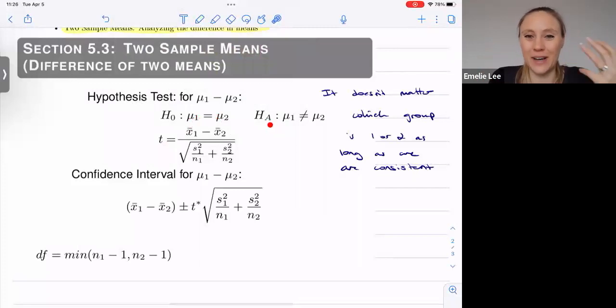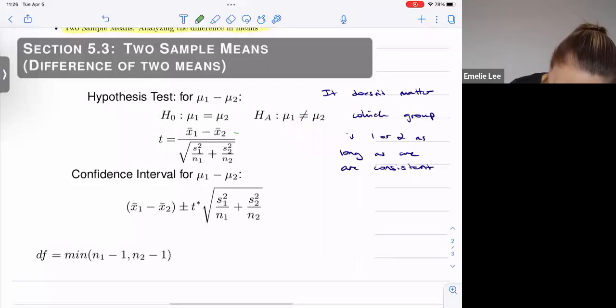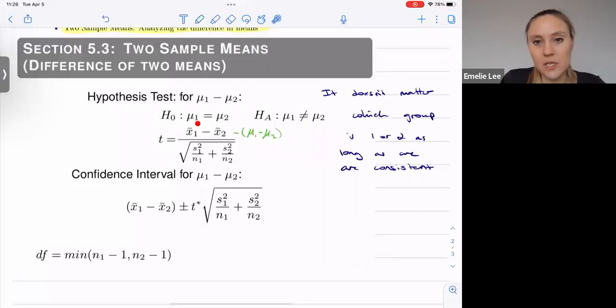And then if I find enough evidence against that, then I can say, no, they're different from each other, or maybe mu1 is less than mu2, or mu1 is greater than mu2. It depends on the question. And so here, technically, you have minus (mu1 minus mu2). But we always assume the null hypothesis is true.